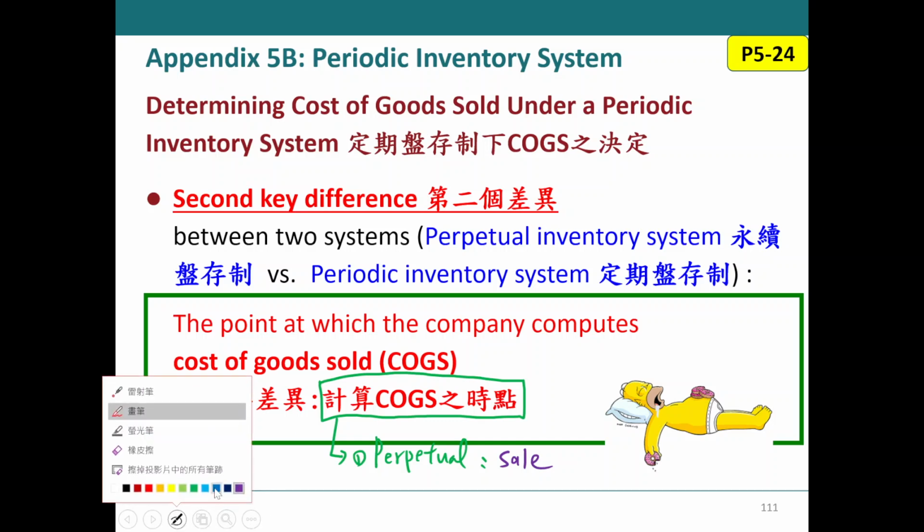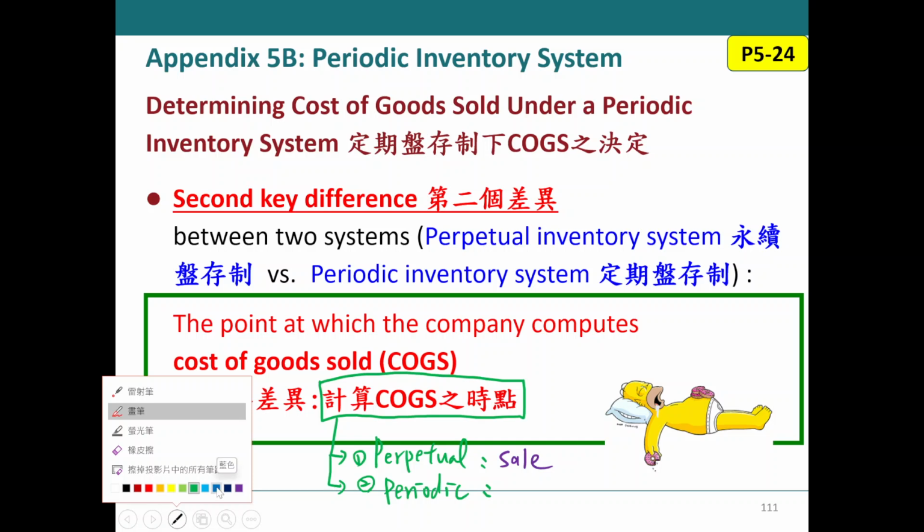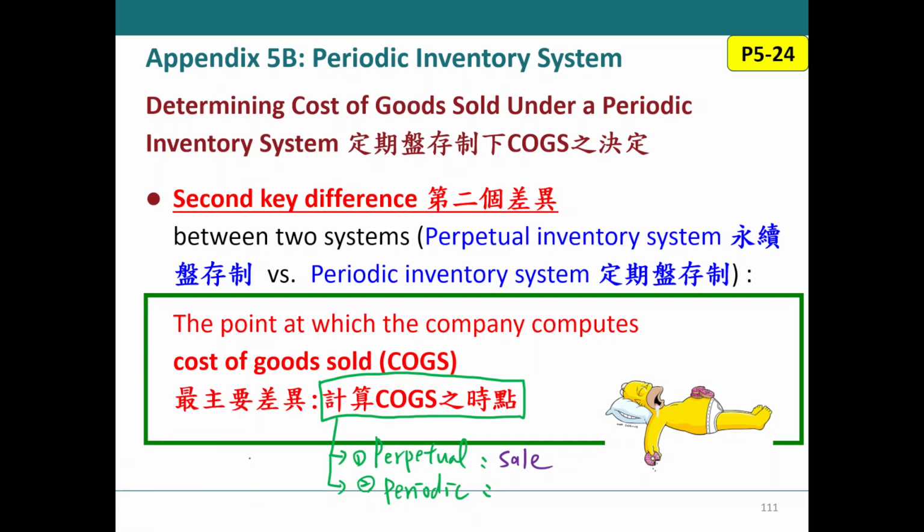How about periodic? Periodic, we are the lazy guy. So when do you record the cost of goods sold? The last day, right? I don't want to record it now. I'm going to wait until the last day, the last moment.